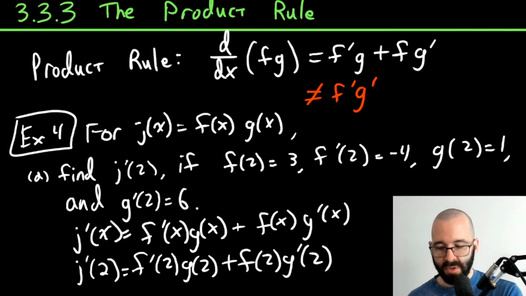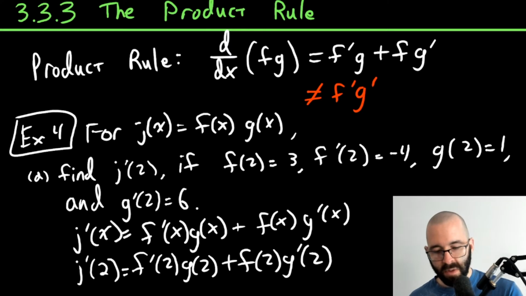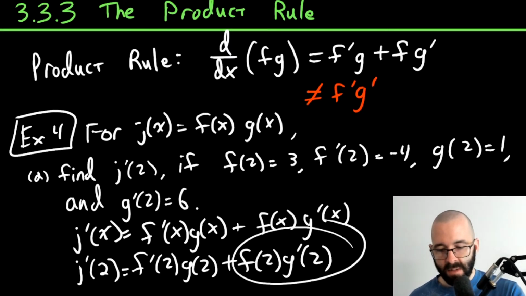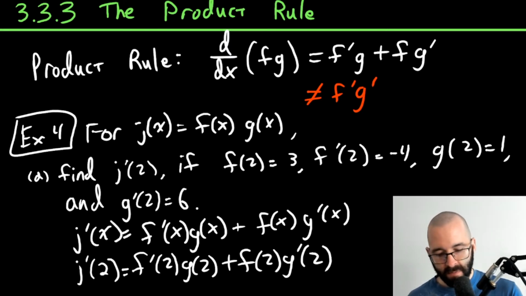f of 2 times g prime of 2, 3 times 6. What's next? Wait a minute. I already did f of 2 times g prime. Oh, we did it in the other order. We did this term first. The other one's going to be f prime times g.